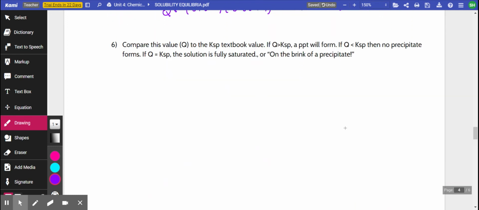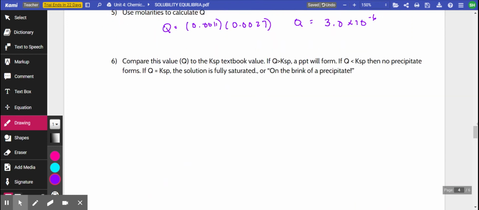So Q is 3.0 times 10 to the negative 6, and K is 2.4 times 10 to the negative 5th.